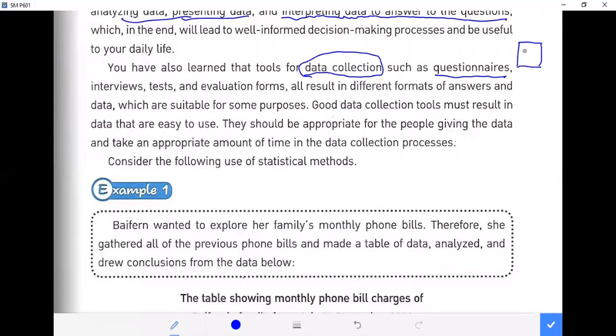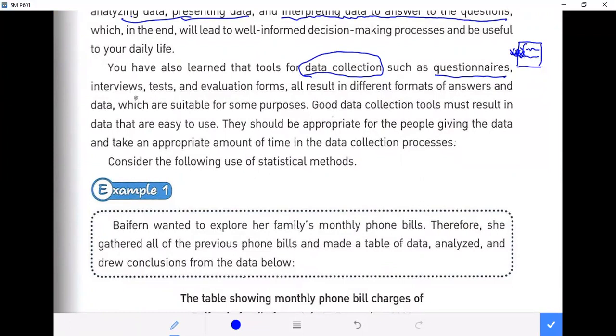It looks like a piece of paper, and it has something written there, like, do you like pop music? Yeah, I like it. Do you like math? Oh, I like it so much. No, that's a joke. It's not going to happen. Actually, it's the opposite. You hate math. Okay. So a questionnaire is, I think you know it, like a piece of paper that you have to fill in.